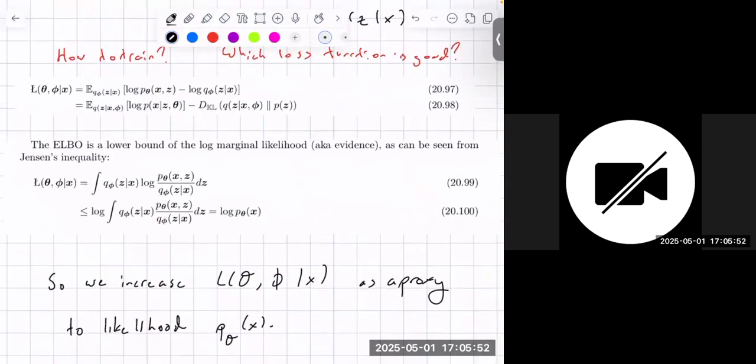Don't try to read all of it. I'll try to walk you through. What you do is you say, here's my likelihood thingy, and here's my posterior thingy. You put a penalty on saying my posterior should not be so different from my likelihood. Okay, somehow, right?